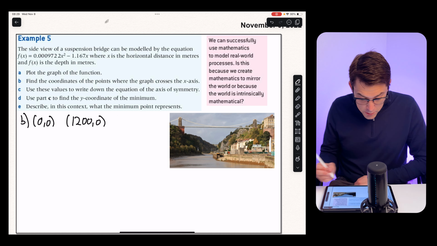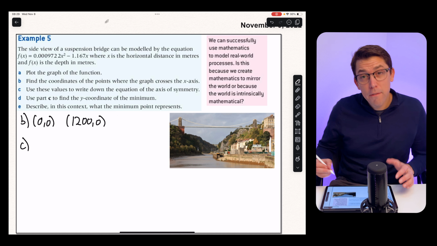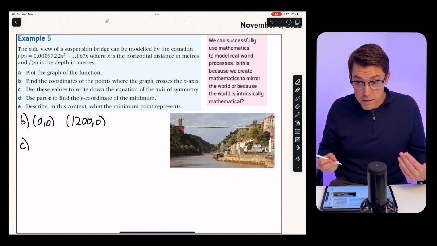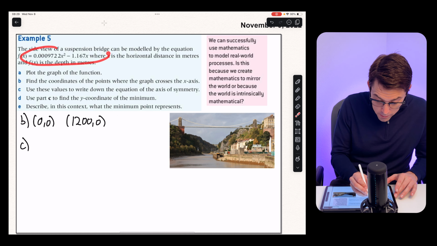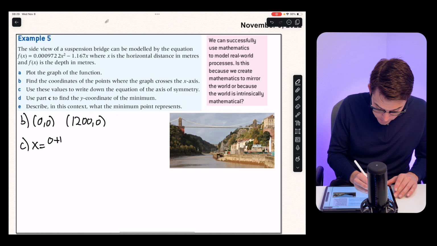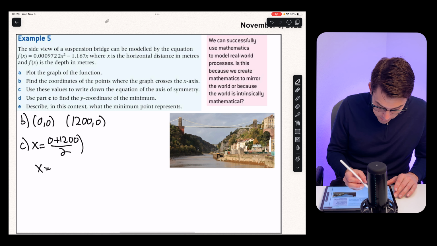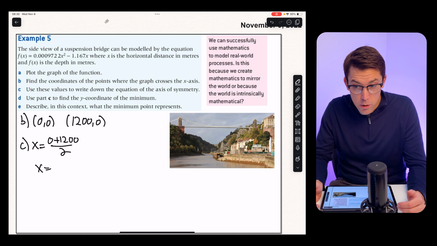All right, so let's use these values to write down the equation of the axis of symmetry. If we have our x-intercepts, this process is really easy. I could use negative b over 2a, but another way to do this is to find the average of my x-intercepts, which would be 0 plus 1200 over 2.